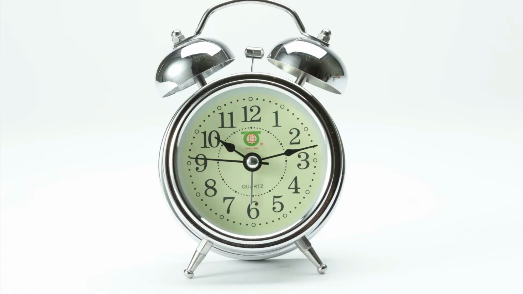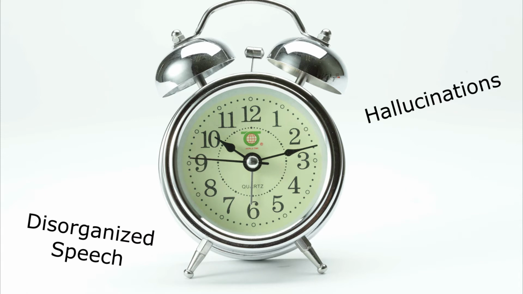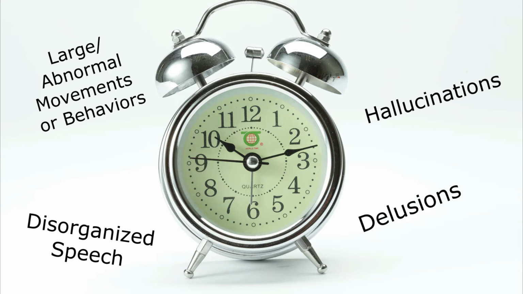The main way to set apart brief psychotic disorder from other mental illnesses is to note the sudden nature, basically very quickly how one of the following symptoms comes about, including hallucinations, disorganized speech, delusions, large and abnormal movements or behaviors, or with or without catatonia.